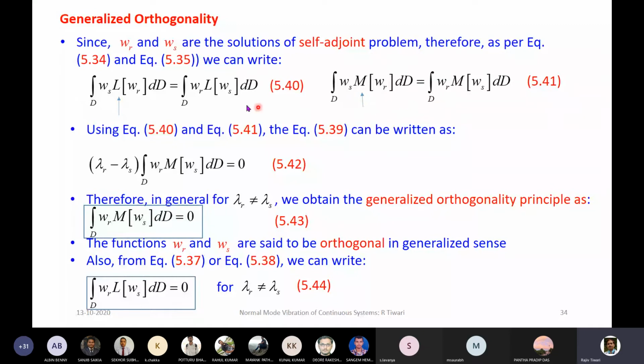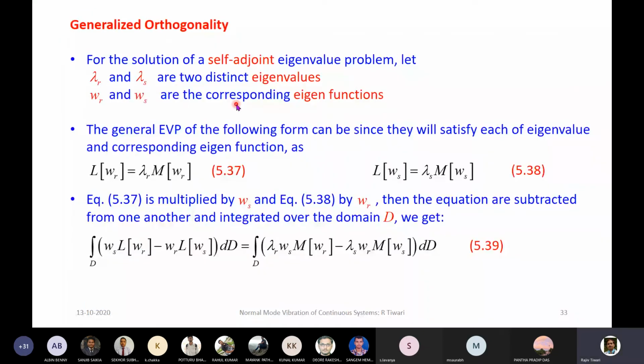If we go back to the previous slide, we'll see that this quantity and this quantity here, this swapping of the eigenfunctions are there and same operator. So basically they're equal, and this and this will get cancelled. So left hand side will be 0 using the self-adjointness property of the L operator. And here this quantity will be equal to this because lambda R and lambda S are constants, so we can take them common.